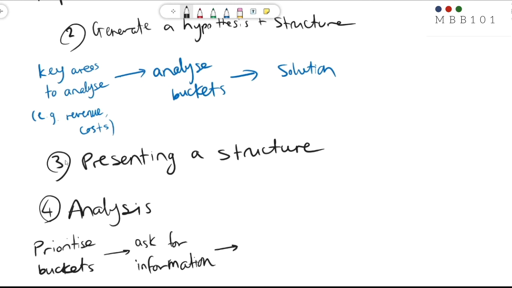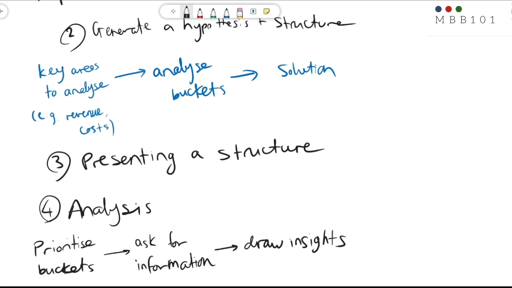All analyze means is that you're drawing insights and spotting trends in that particular piece of information. You might look at the graph and see that, for instance, in 2014, there was a huge increase in cost or something like that. And then you could tie that back to the original problem of declining profits. So that's all that analyzing is.